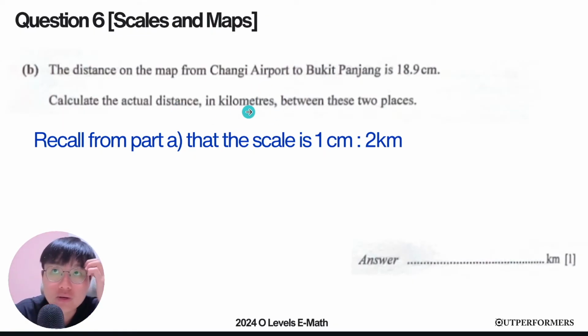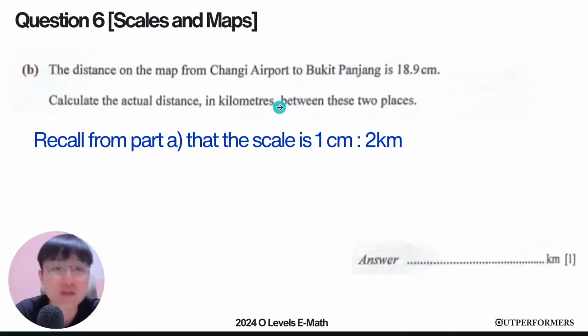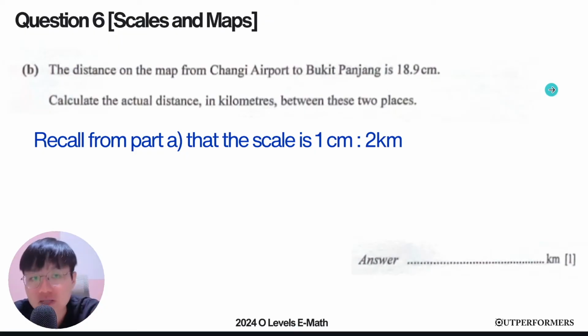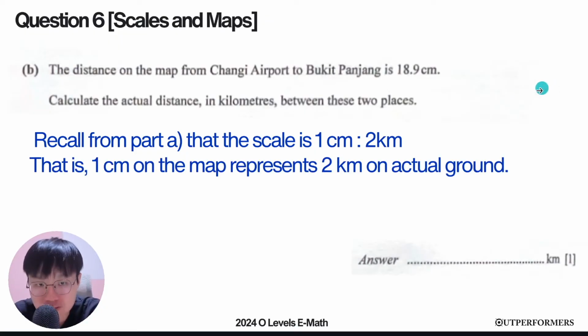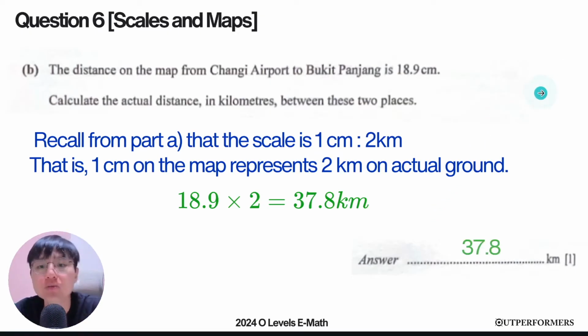If you are starting from 1:200,000 cm again, you're actually going a step backwards. So make use of part A's answer. 1 cm on the map represents 2 km on actual ground. So just take your 18.9 cm and scale it up times 2 to get 37.8 kilometers for the actual length from Changi Airport to Bukit Panjang.